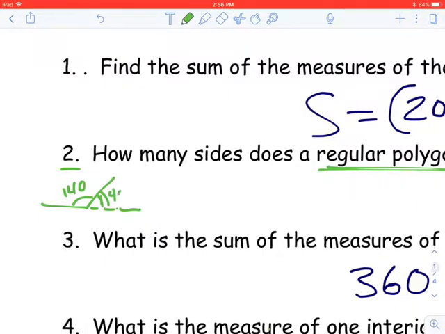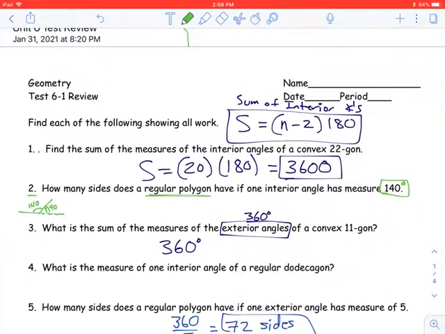So that'd be 40 degrees. And like we said in number 3, the exterior angles always add up to 360 degrees. So 360 divided by 40 is going to tell us how many sides we have, in this case 9 sides.